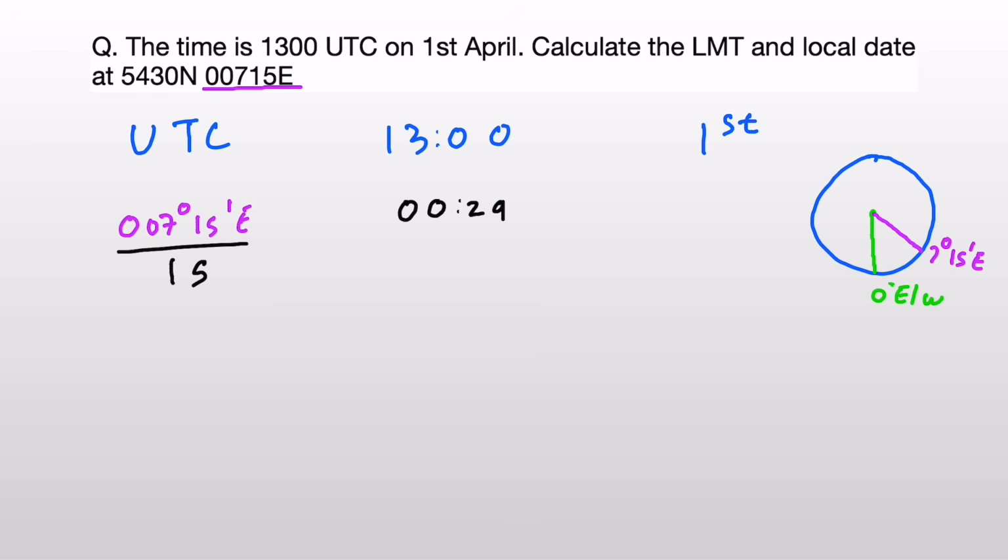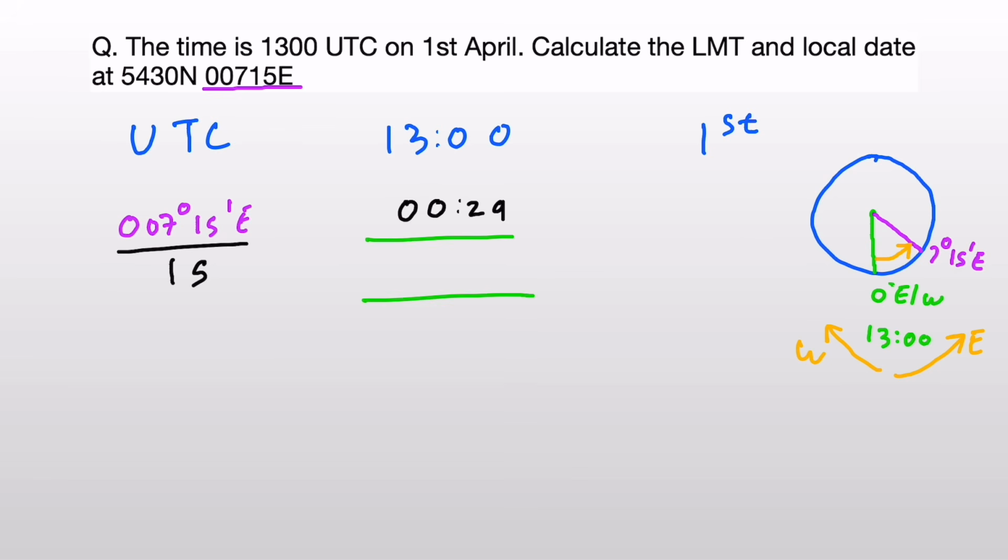The time on the green longitude is 1300. What will be the time on the purple longitude? The purple longitude is east of the green longitude, because this direction is east and this direction is west. Now since it is east, the time there will be ahead.